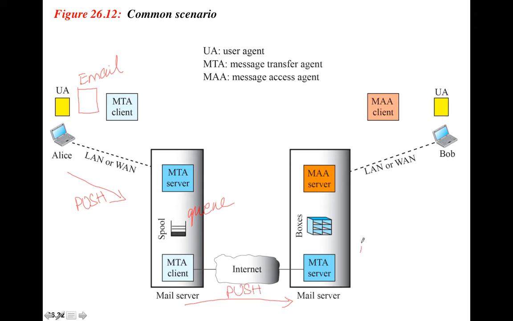whereas the information here will be pulled. Okay, we'll be pulling the information. But let's focus on the push part first. So now from the sender's mail server to the receiver's mail server, the message is now being pushed, which is why we again have the MTA client and the MTA server processes.